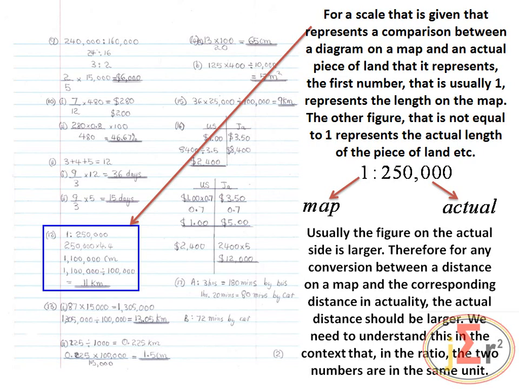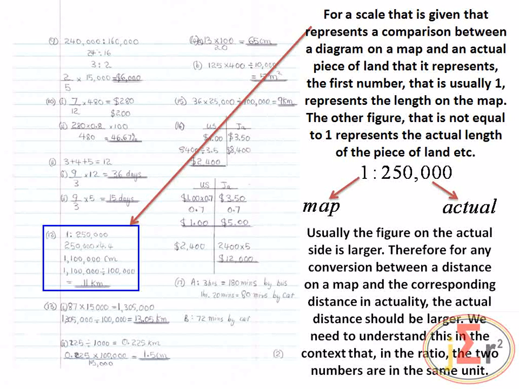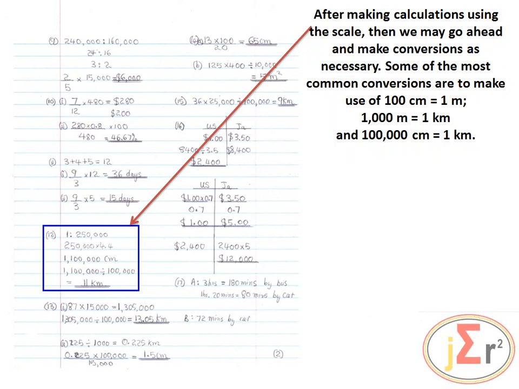Or you may say what you have for an actual length in the city should be larger than what is being represented by that actual distance on the map. So what you use on the map to represent that actual distance, the representative on the map, should be a smaller figure.